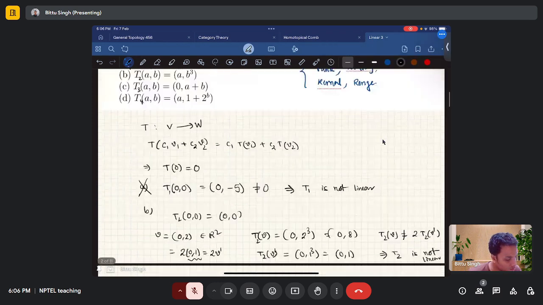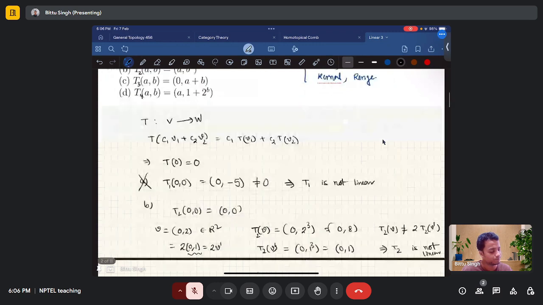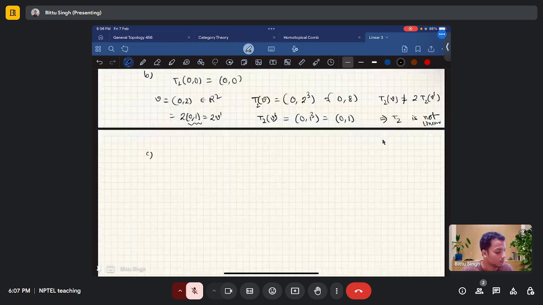Next option is C, which says T3 of A comma B is defined to be 0 comma A plus B. So again 0 goes to 0, there is no problem. Let us see if addition and multiplication are preserved.